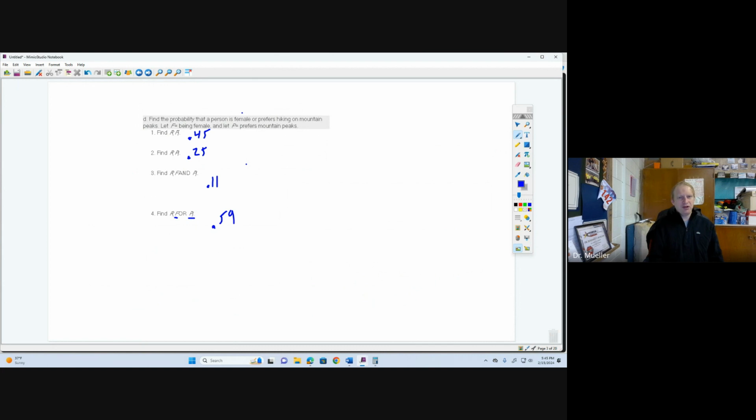But the way that we can use this information is if we are finding the probability of female or mountains, P(F or M), that's going to equal the probability of female plus the probability of mountains minus the probability of both. That's because we double counted.